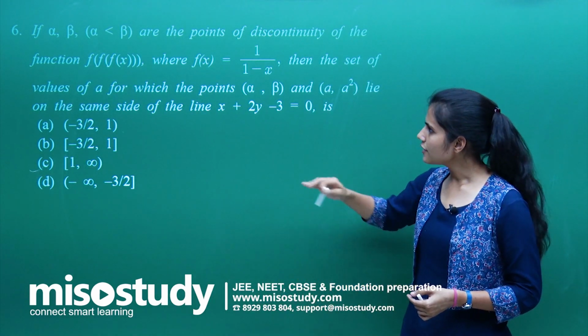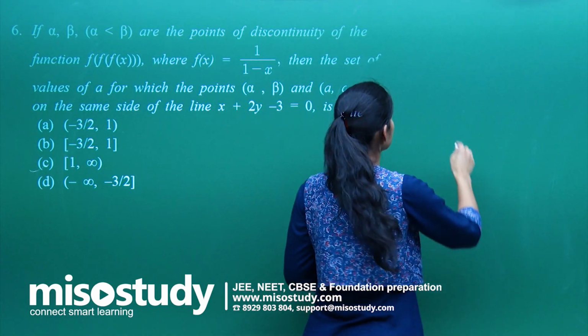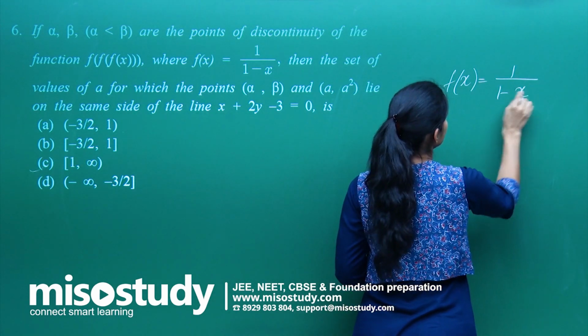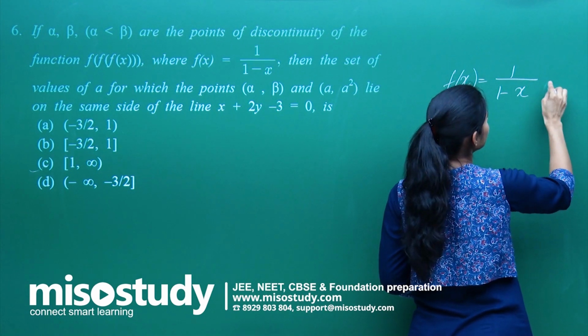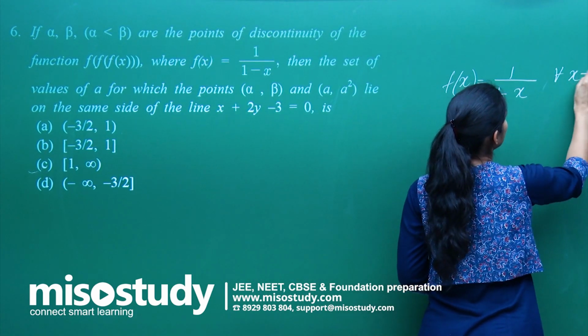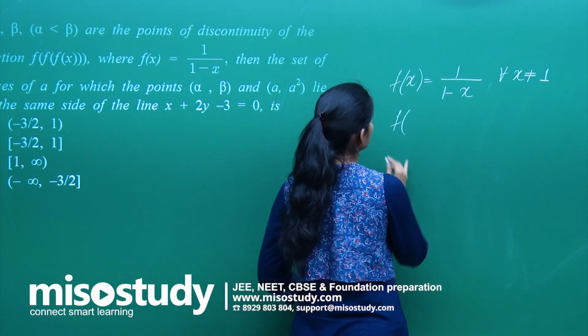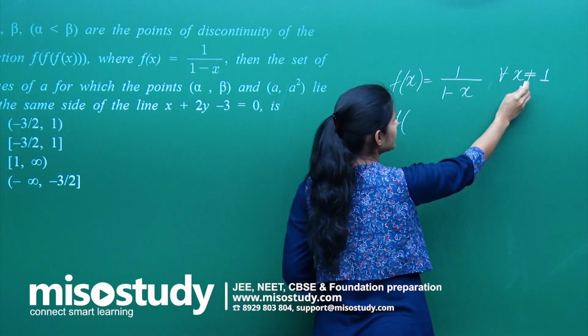So first of all, what is f of x and what are the points of discontinuity for this function? f of x is given to you as 1 upon 1 minus x. Now this is not defined or not continuous for x equals 1, right? So f is discontinuous for x equals 1. So the point of discontinuity of f is x equals 1.